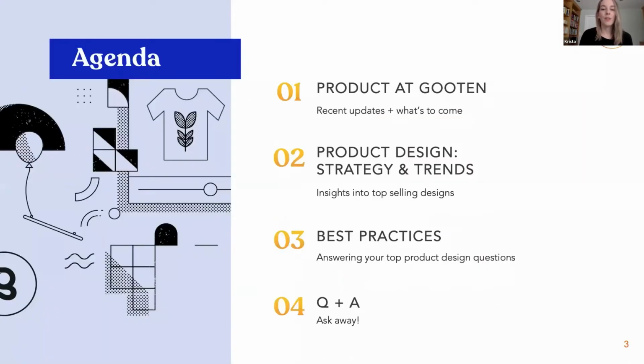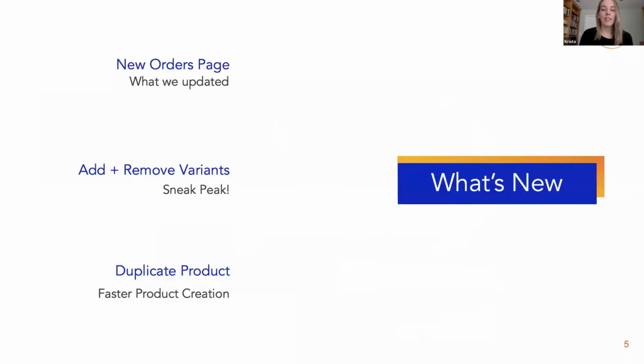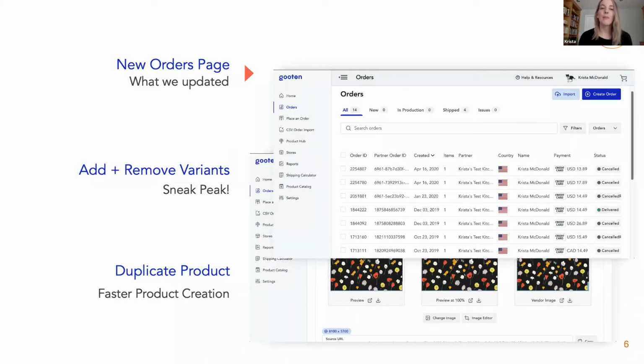So let's get into a few updates that we've recently made this year on our orders page and in our product hub. The first one being, which I'm sure a lot of you have noticed, our new orders page UI.